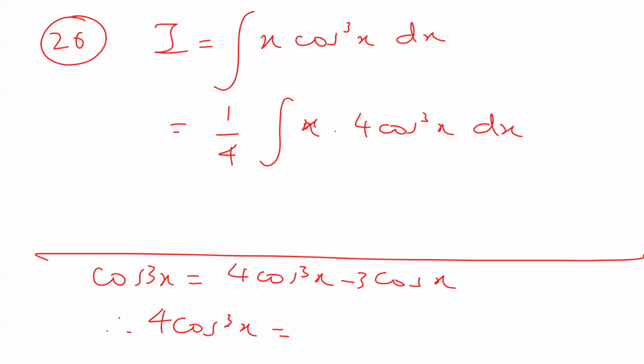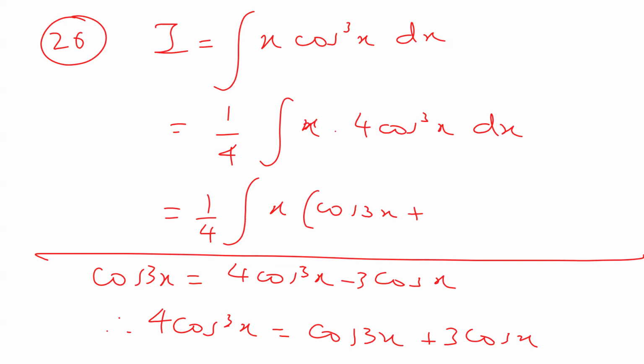Therefore 4 cos cube x is cos 3x plus 3 cos x. So 1 by 4 into x into cos 3x plus 3 cos x dx. Okay, 4 cos cube x value is 4.